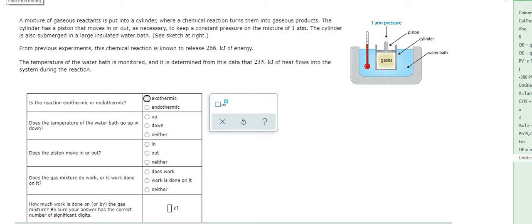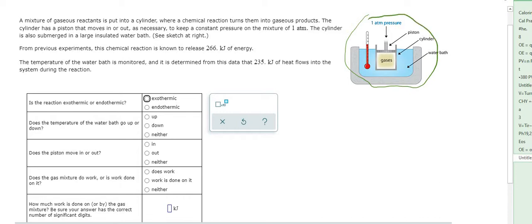Okay, let's do a problem here where we're talking about the change in energy and heat and work and how those things work together. We have a system set up here where we have a piston inside of a water bath.